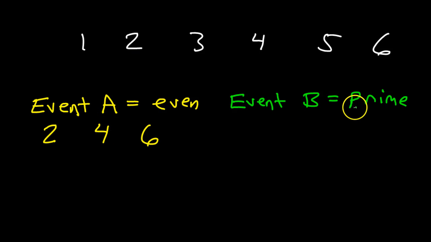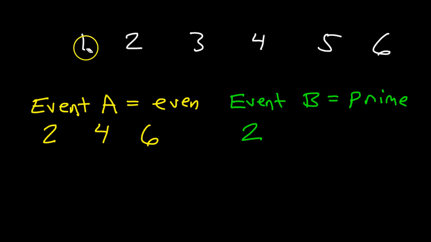Now the prime numbers are the numbers that can only be factored as 1 and itself. Now 2 is a prime number. Alright, it's the only even prime number because 2 can only be written as 1 times 2. Now, what else?